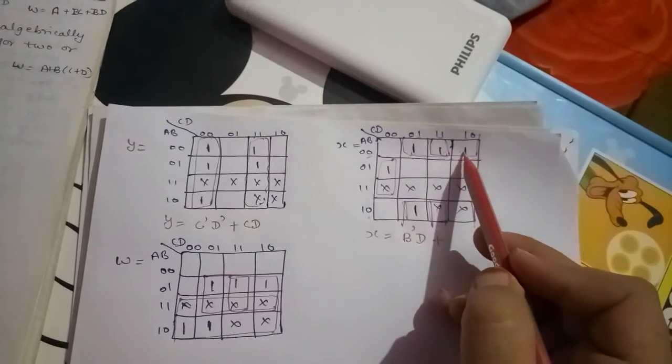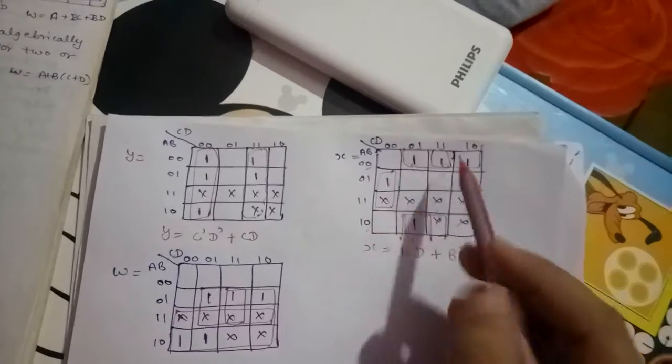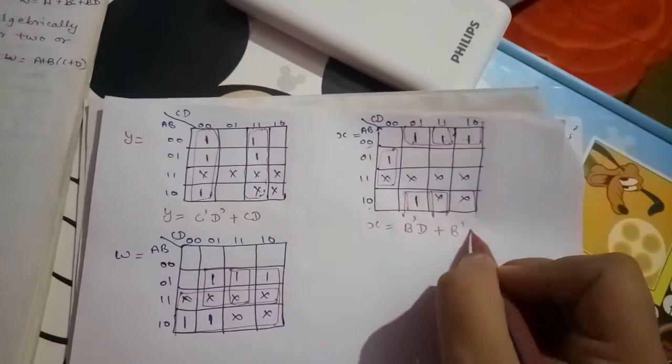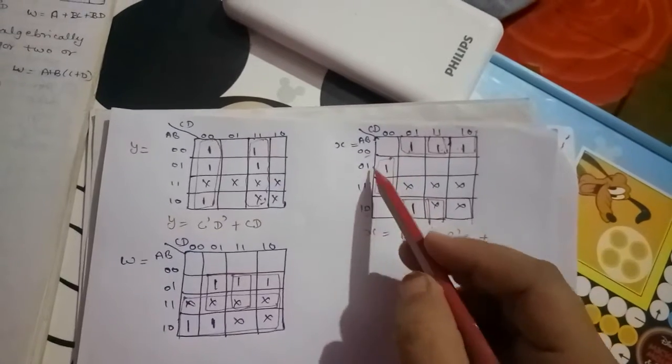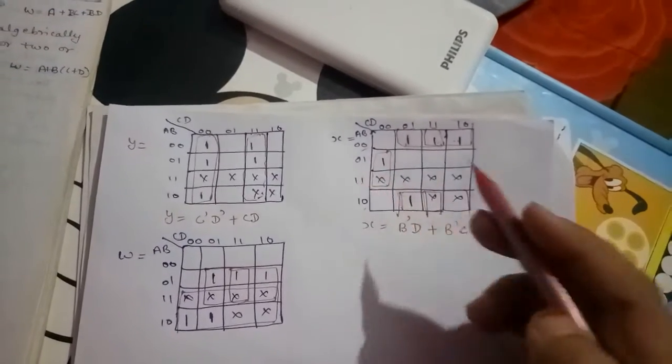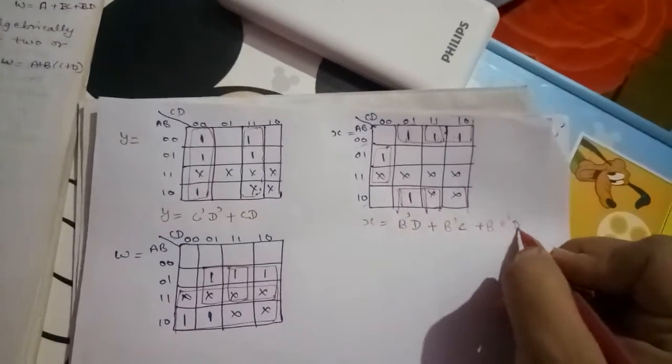Then this particular group again has B bar from these two lines, and here it has C, right? And the third group, this size-2 group, has B, and here it is C bar D bar.